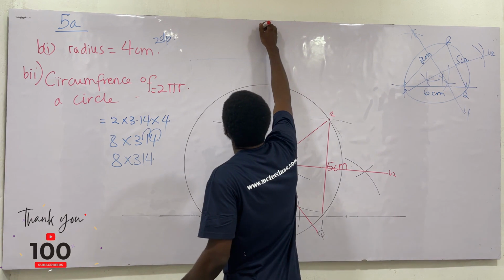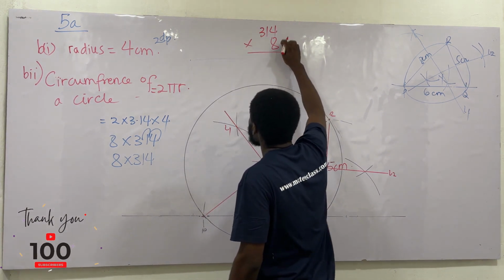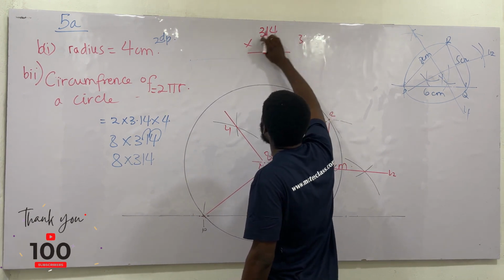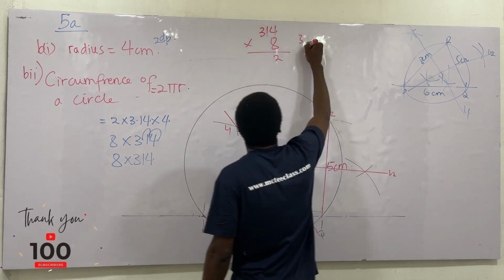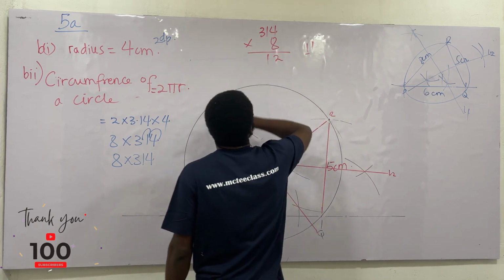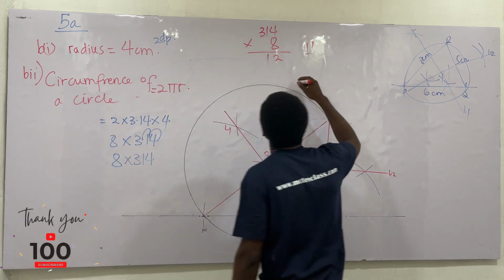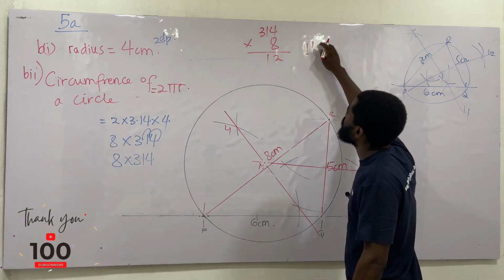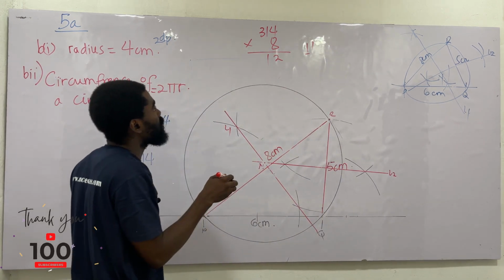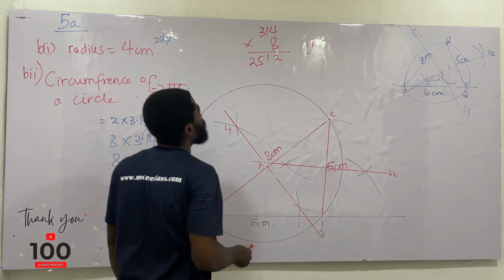So we have 314 times 8. 8 times 4 gives us 32, so we put 2, remainder 3. 8 times 1 is 8, plus 3 gives us 11, so we put 1, remainder 1. 8 times 3 is 24, plus 1 gives us 25.